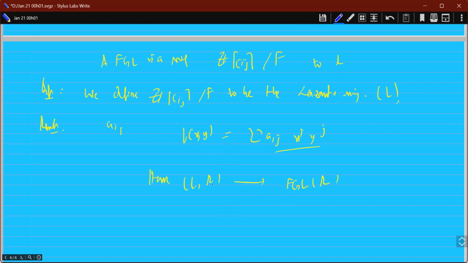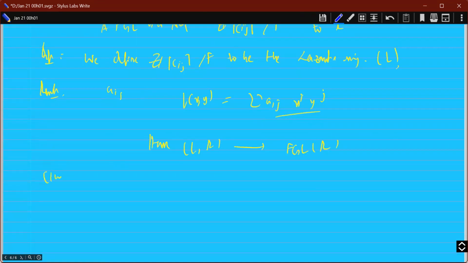So here's the claim: it's a graded ring where these a_{ij} have a degree. What do I mean?